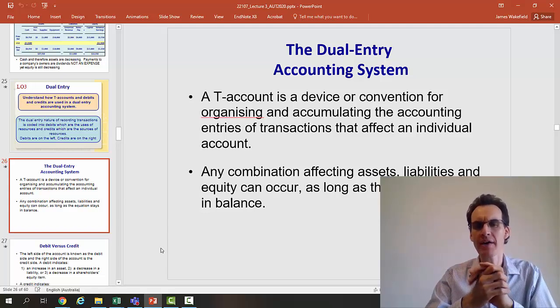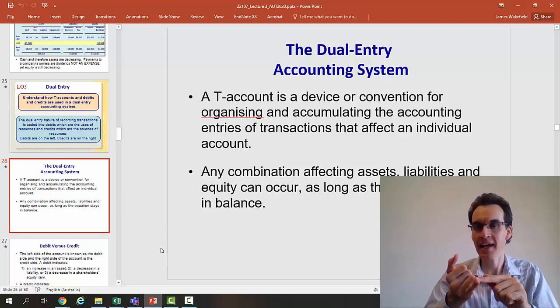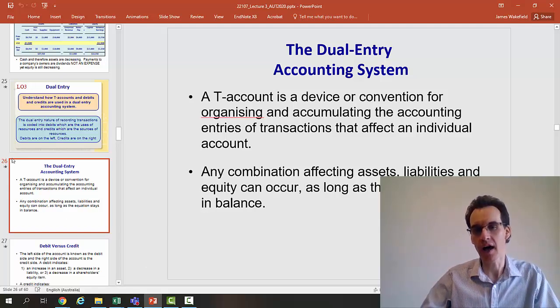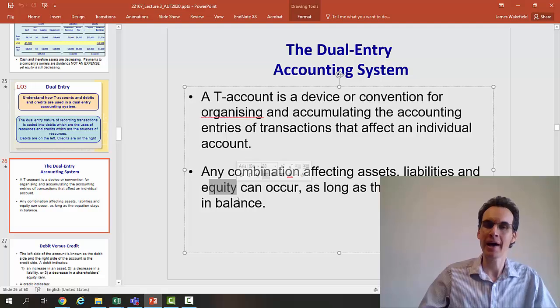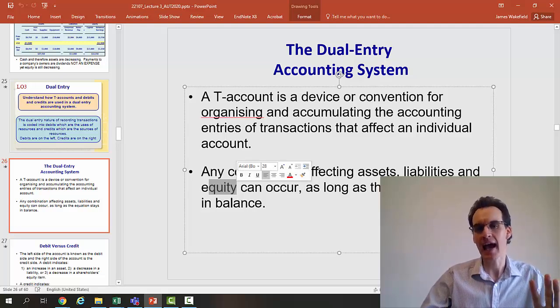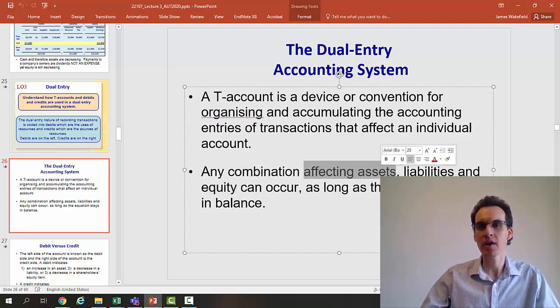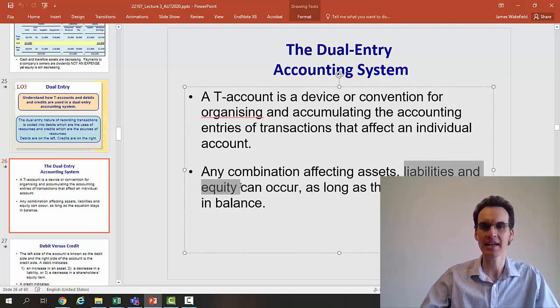So we have a T account for all our asset accounts, all our liability accounts, all our equity accounts, okay? And remember that if you add up the balances of all the asset accounts, they will equal the total balances for all the liability and equity accounts that we have.